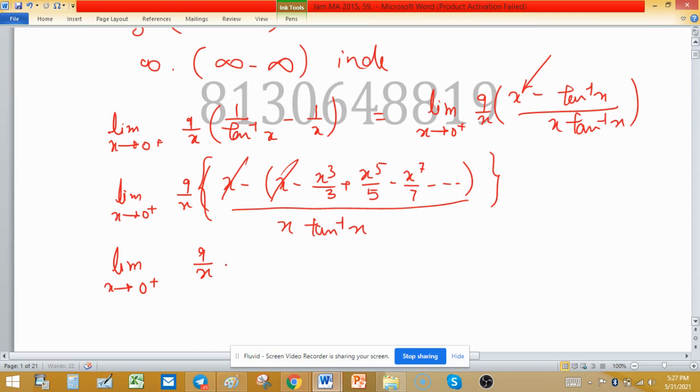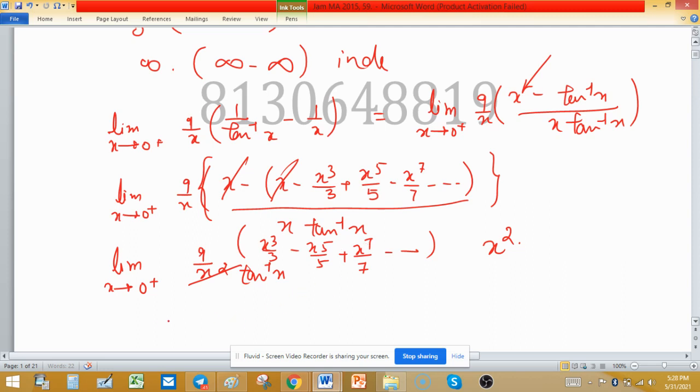or you can write x square directly times tan inverse x, and in the numerator we have x cube upon 3 minus x raised to the power 5 upon 5 plus x raised to the power 7 by 7, and so on. This x square will cancel out when we take x square as common.